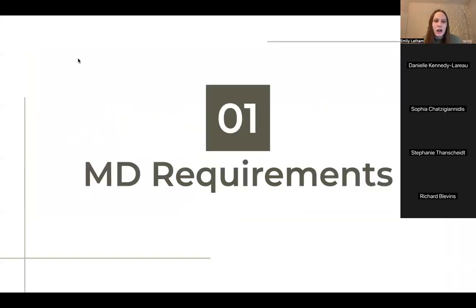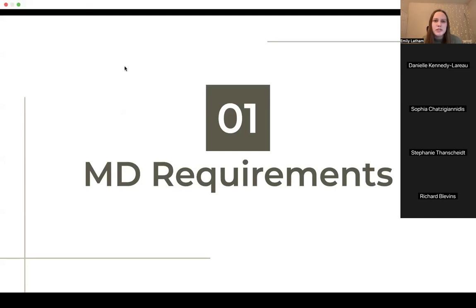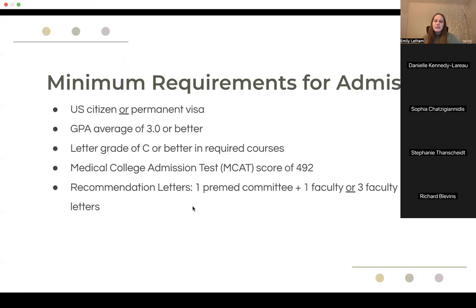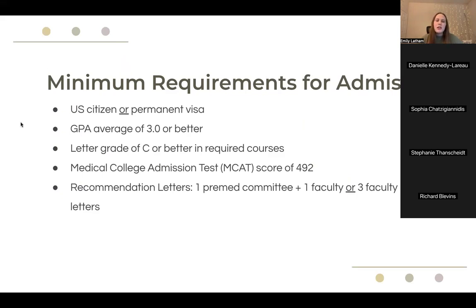so just to start off, I'm going to go over some of the requirements for entering med school. And so these are some of the minimum requirements. You have to be a US citizen or hold a permanent visa. You have to have a GPA average of 3.0 or better, and a letter grade of C or better in all the required courses.